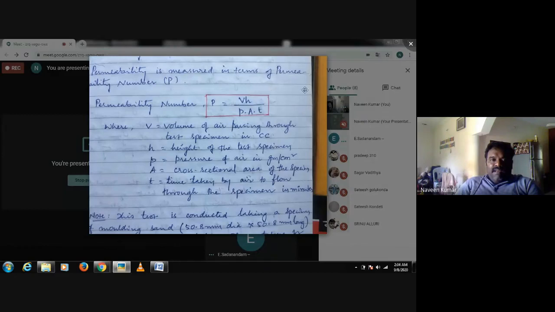Permeability is measured in terms of permeability number, capital P. Write it in brackets, capital P. Permeability number P is equal to VH by PAT, where V is the volume of air passing through the test specimen in cc, small h is the height of the test specimen, small p is the pressure of air in grams per centimeter square, capital A is the cross-sectional area of the test specimen, and small t is the time taken by the air to flow through the specimen in minutes. Please copy this.